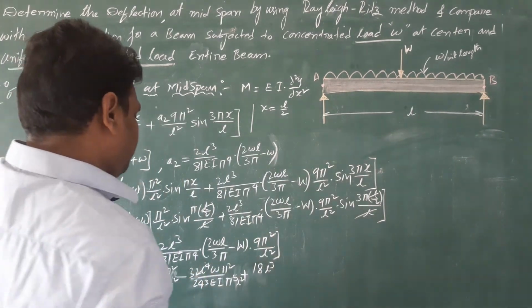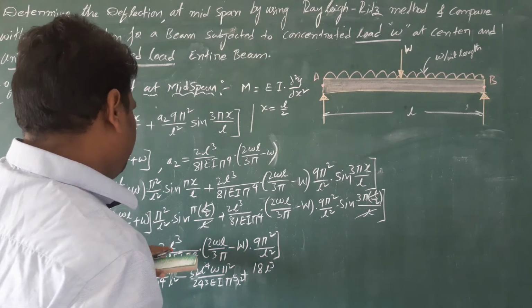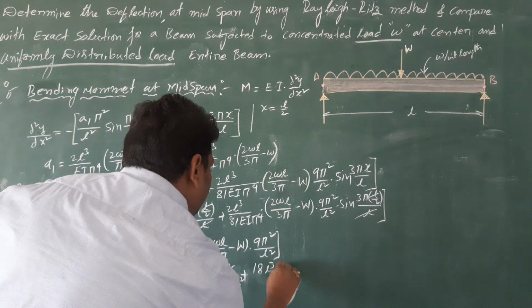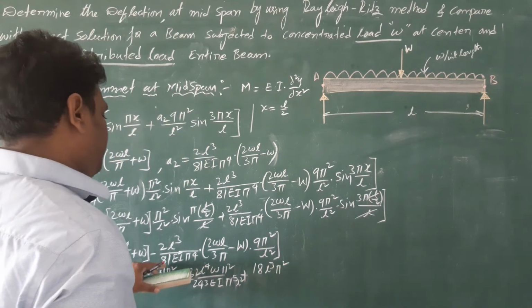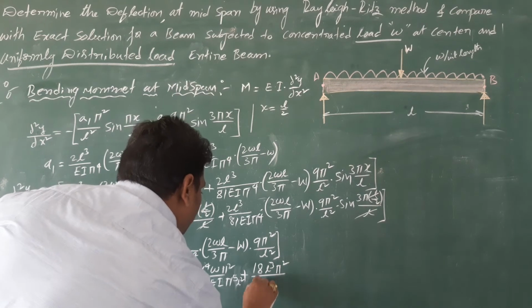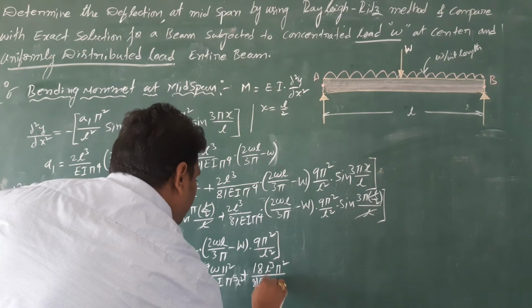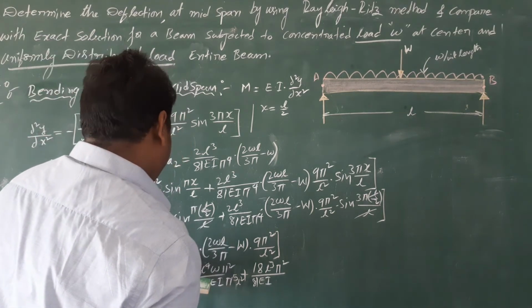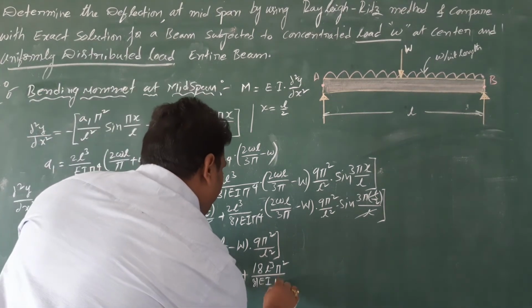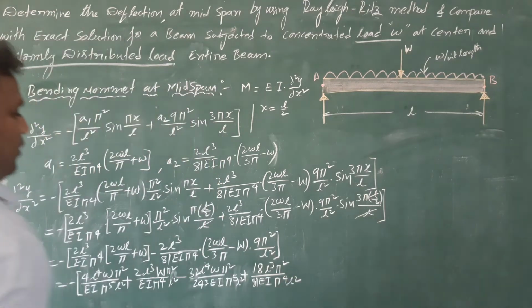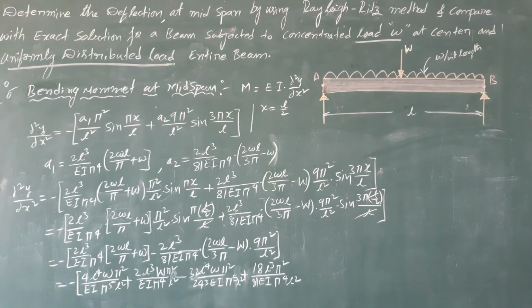Okay, now 2 into L cube pi square divided by 81 EI into pi power 4 L square. So finally we got like this.